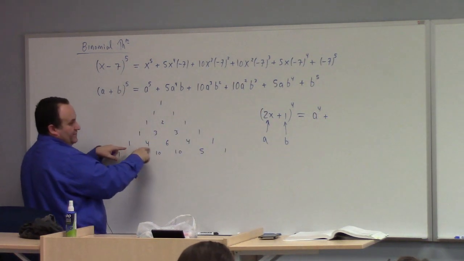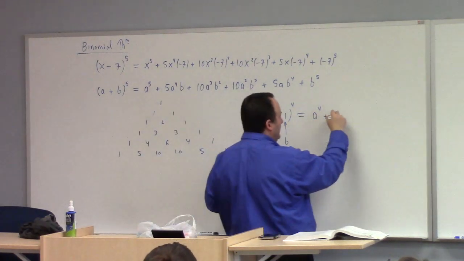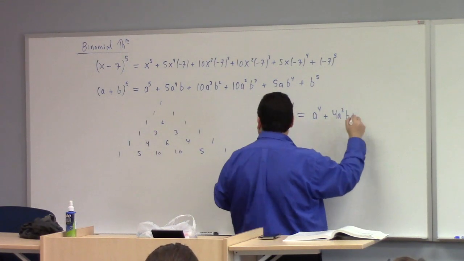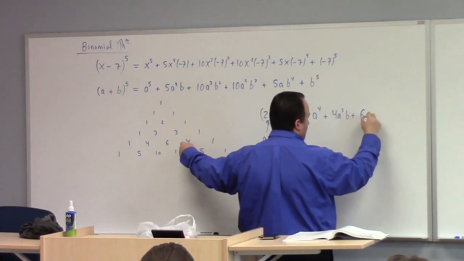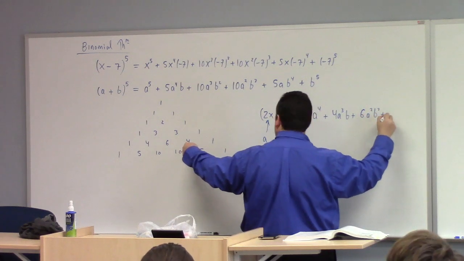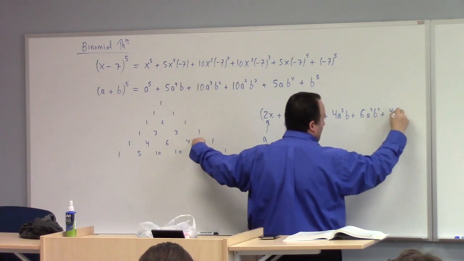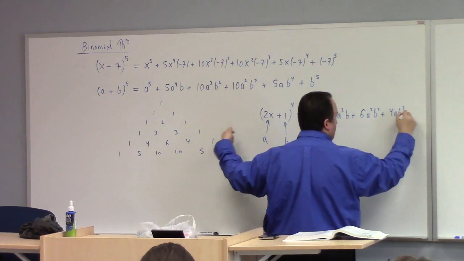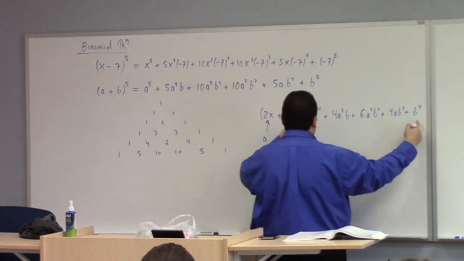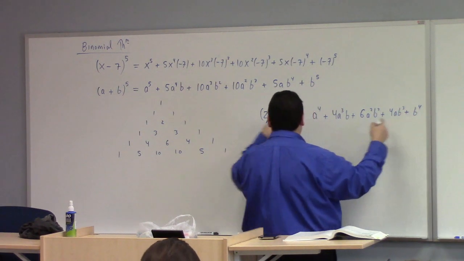So that'd be a to the 4th plus 4 a cubed b plus 6 a squared b squared plus 4 a b cubed plus b to the 4th. It always bookends with a to the 4th and b to the 4th.